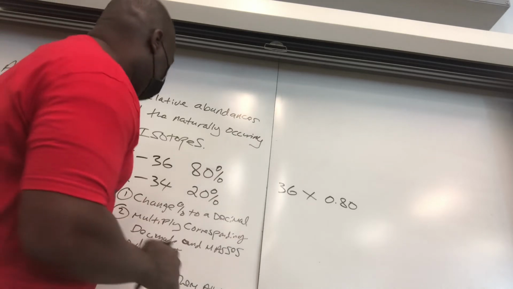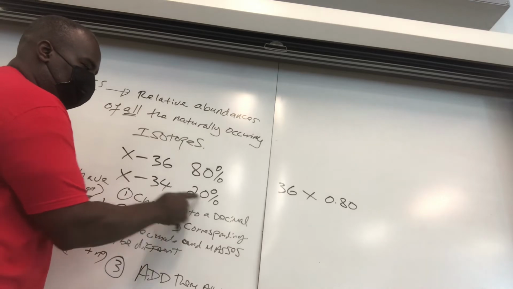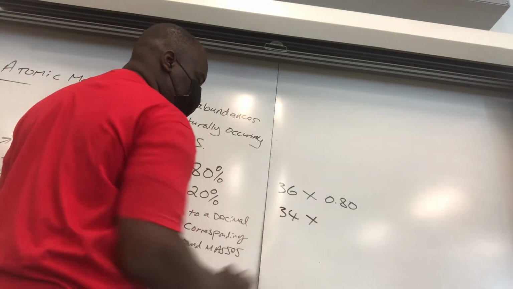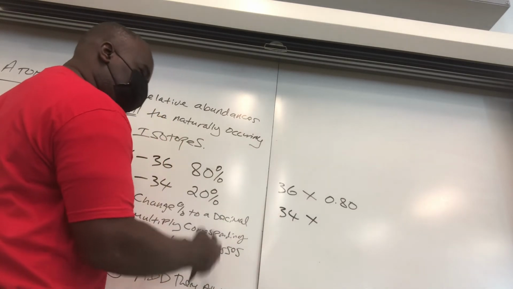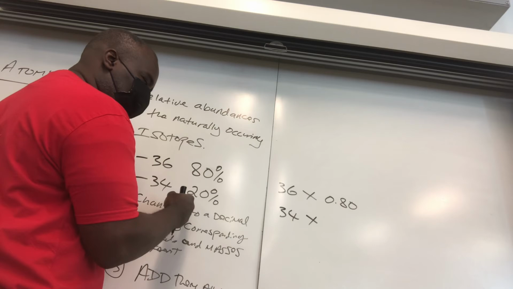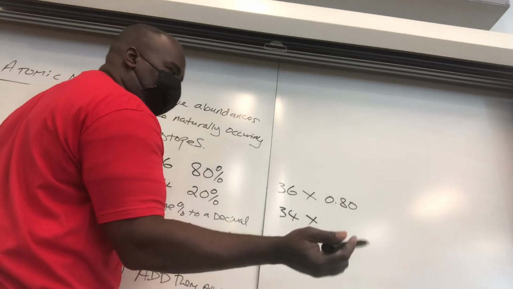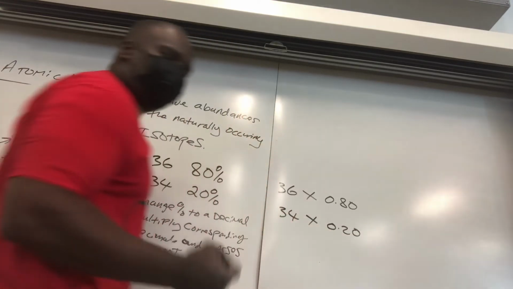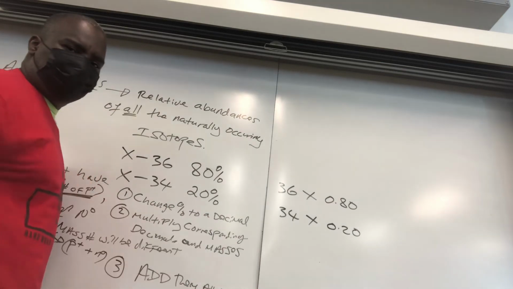Done. For X-34, 20%, you have 34 as your mass, times the relative abundance, 20% in decimal form, two places to the left, or divide by 100. You'll get 0.20. So that's step number 1, we just changed percentages to decimals.